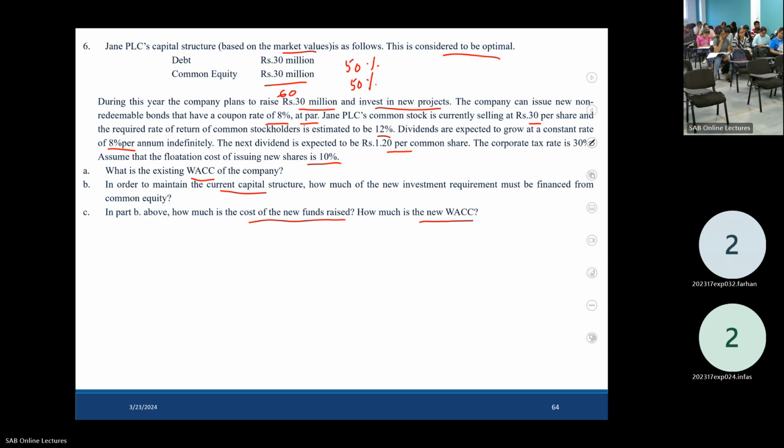There is a bond story of million, bank loans remain with the bond, no bank loans, so you have to consider the bond here. So there is a hint given to identify the cost of debt. What is that?